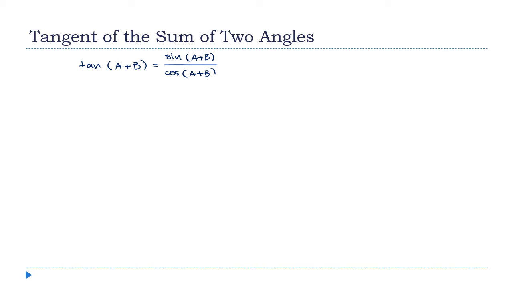And I've got formulas for these things. This is the sine of A cosine of B plus the sine of B cosine of A, divided by the cosine of A times the cosine of B. Remember, the cosine reverses, so this is minus sine of A times the sine of B. Okay, now what?